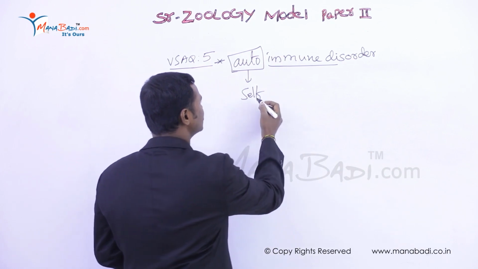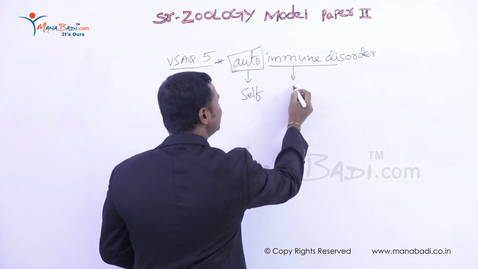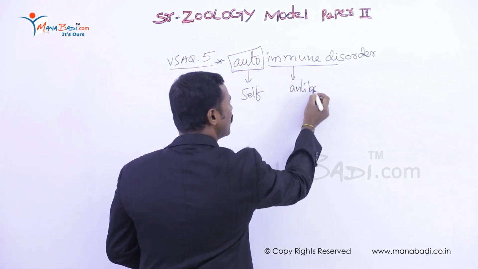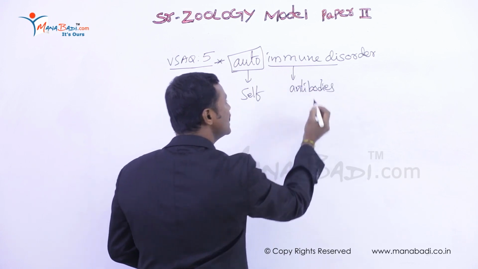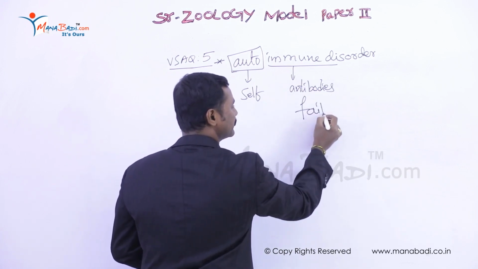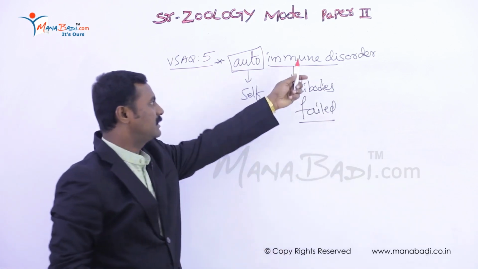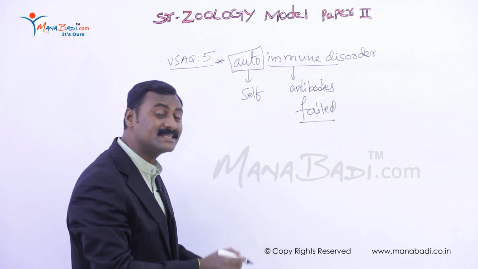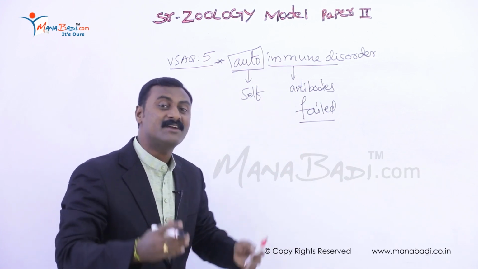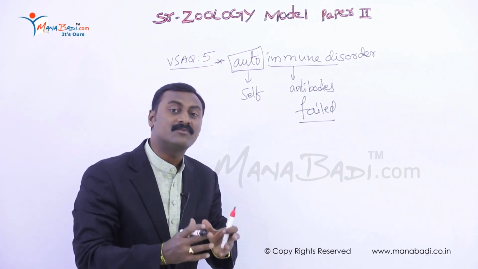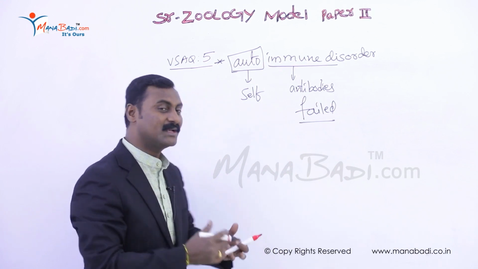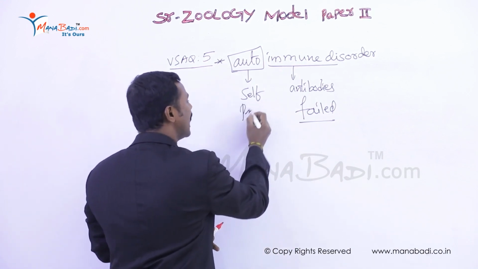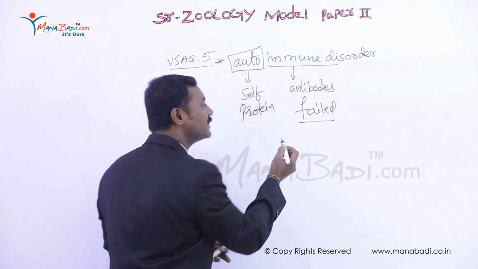In this mechanism, the antibodies of our immune system fail to recognize some of our own proteins. They feel that these are foreign proteins. Actually, our self proteins are treated like foreign proteins.